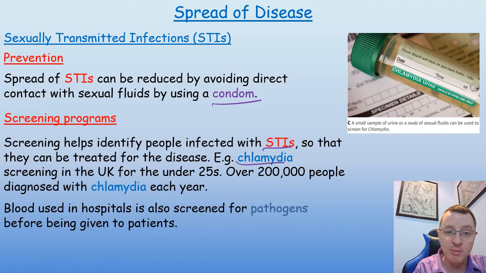For example, chlamydia, you can receive antibiotics to destroy the bacteria. With the chlamydia screening in the UK for under 25s, over 200,000 people have been diagnosed with chlamydia each year. Blood that's used in hospitals is also screened for pathogens before it's given to a patient in a transfusion.